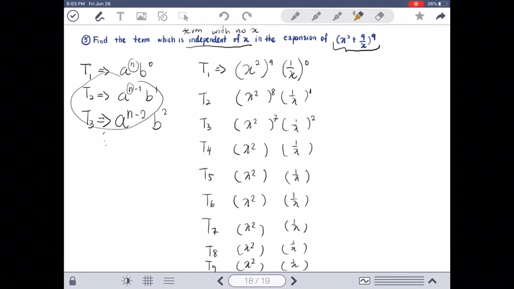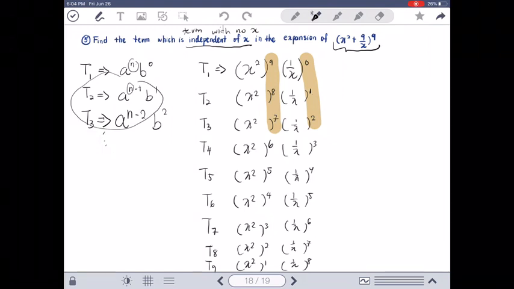If you look at this pattern, it's going down. And here it's going up. So basically from observation, we can see we have 9, 8, 7, 6, 5, 4, 3, 2, 1, and so on. And for the right hand side, 0, 1, 2, 3, 4, 5, 6, 7, 8.